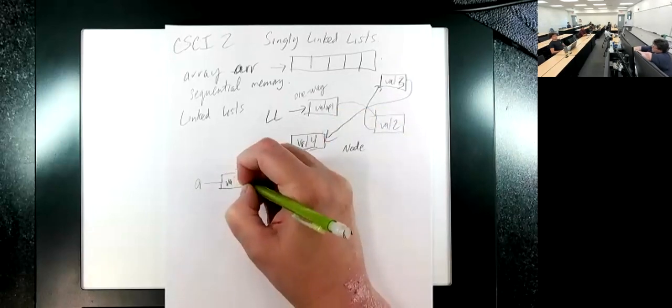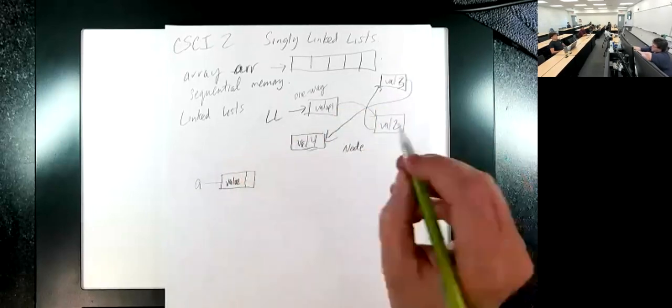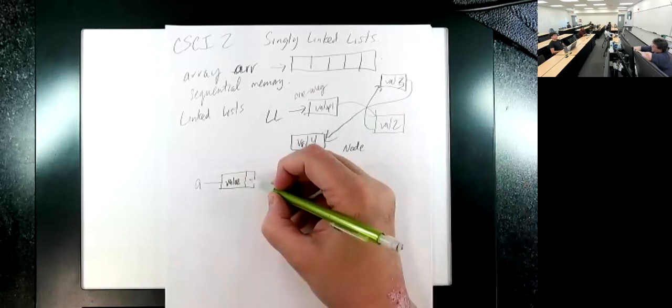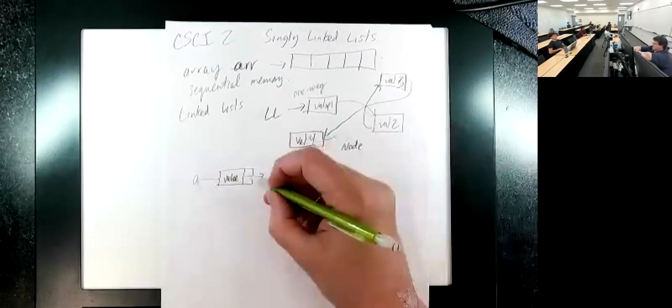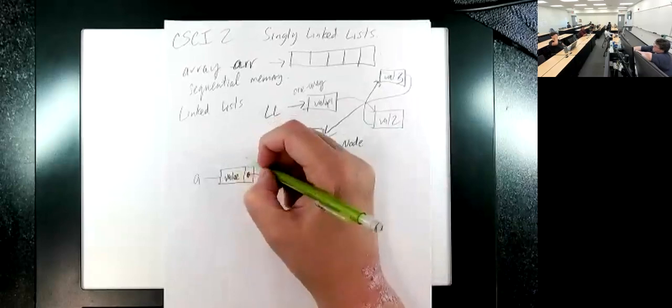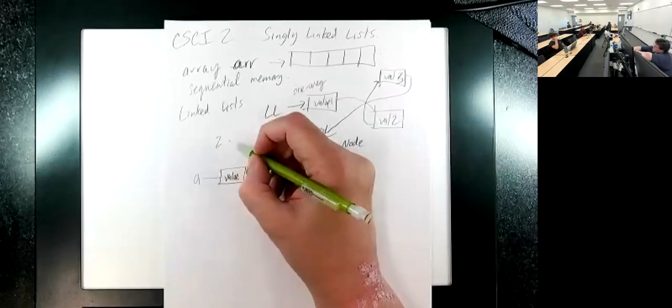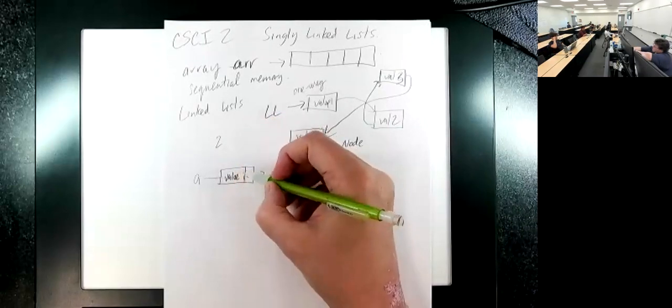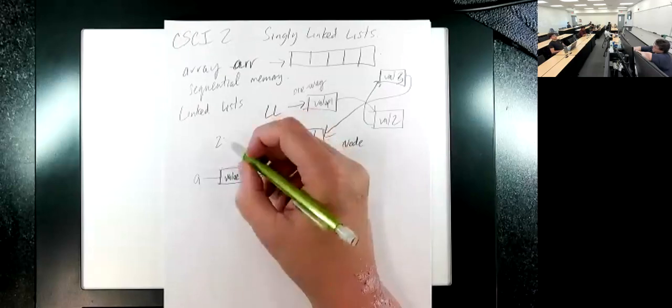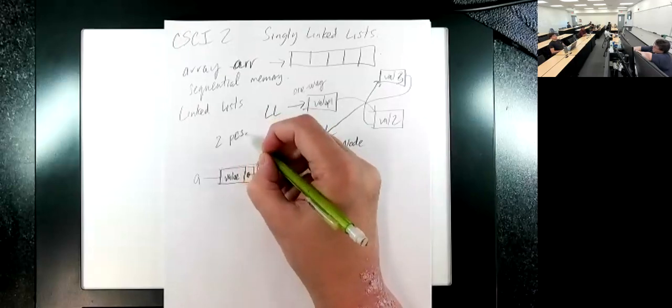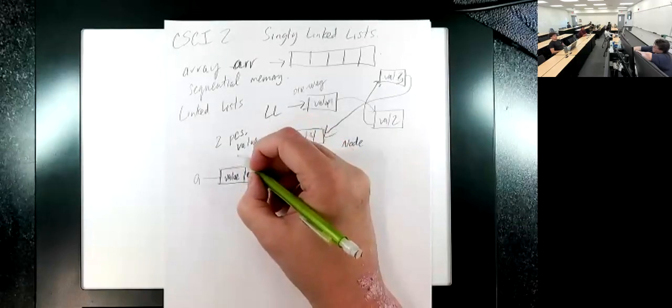So we'll have a box for values and a box for our pointer. We've got two pieces of information, and we're going to need that when we build our nodes. This is what the node needs to have: two pieces, the value, whatever we're storing there, and a node pointer.